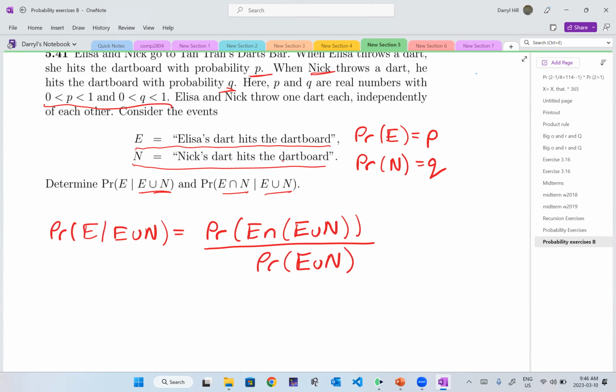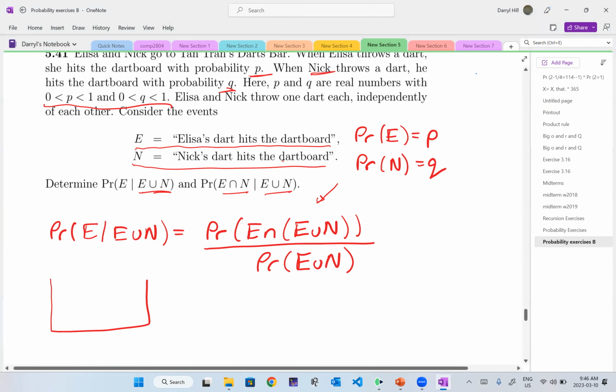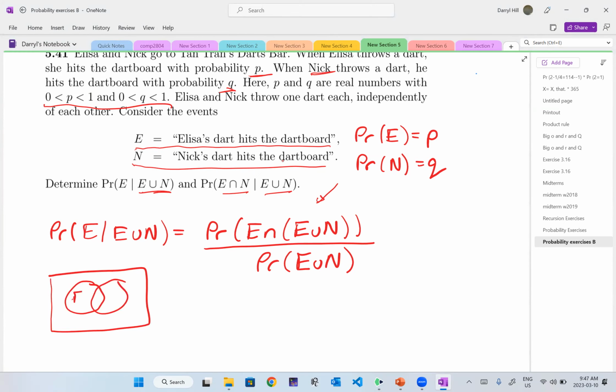Okay, so the first thing we're going to do is simplify our life with a little bit of set operations. So what is E intersect (E union N)? So I have E and I have N. So E union N is everything that's in both of them.